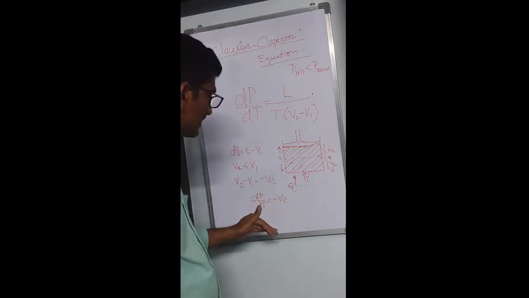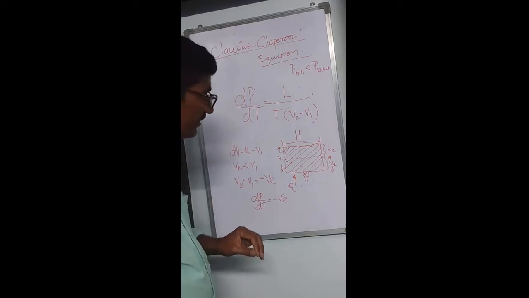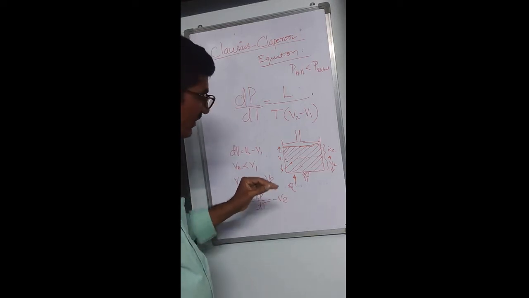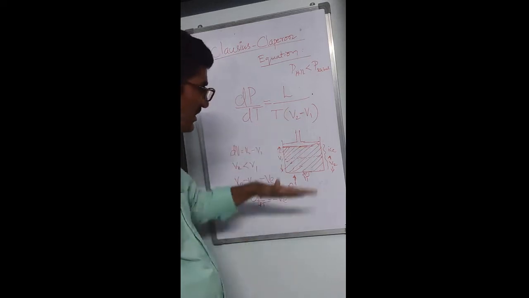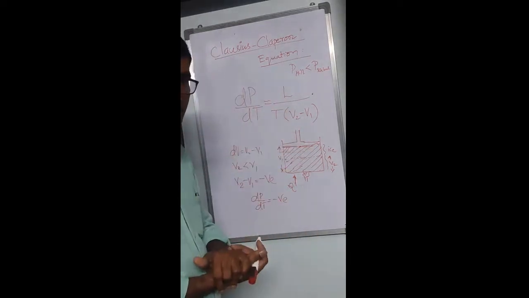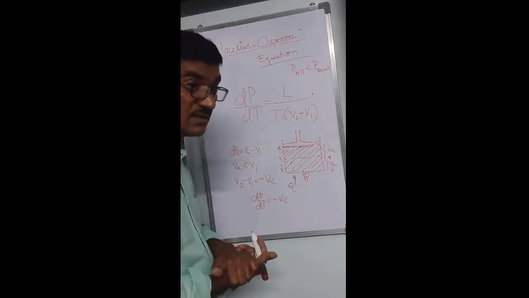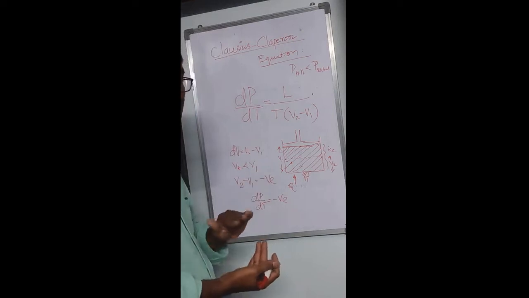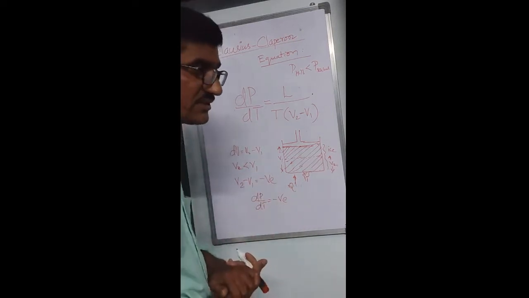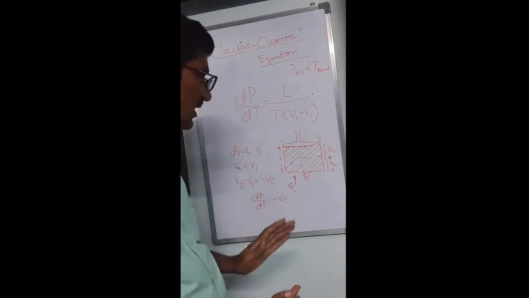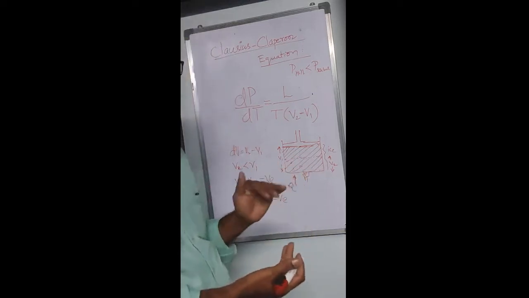So what is the consequence of this Clausius-Clapeyron equation? As you increase the pressure on this system, that means on the ice cube, and go on applying heat, then what happens? As the pressure increases, the melting point decreases. That means you need not heat for long. Just after some time, the ice cube starts melting immediately.